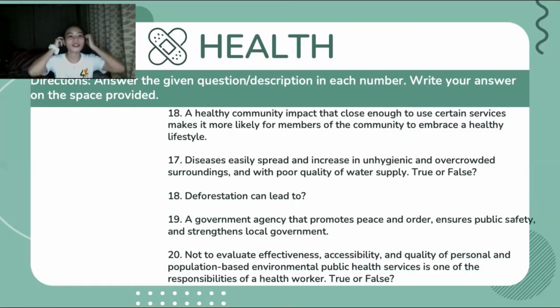Again, the answer for number 16 is better access. Number 17, diseases easily spread and increase in unhygienic and overcrowded surroundings and with poor quality of water supply. Is it true or false?